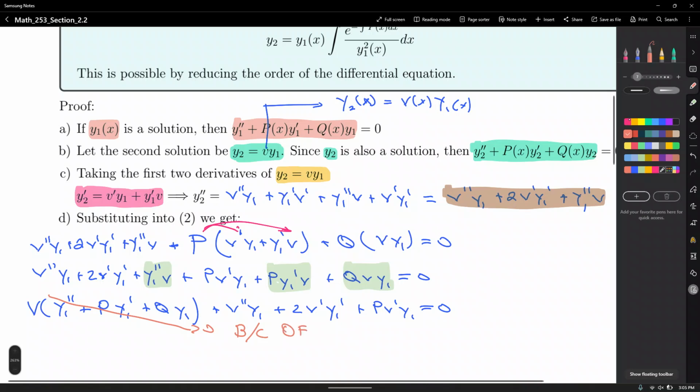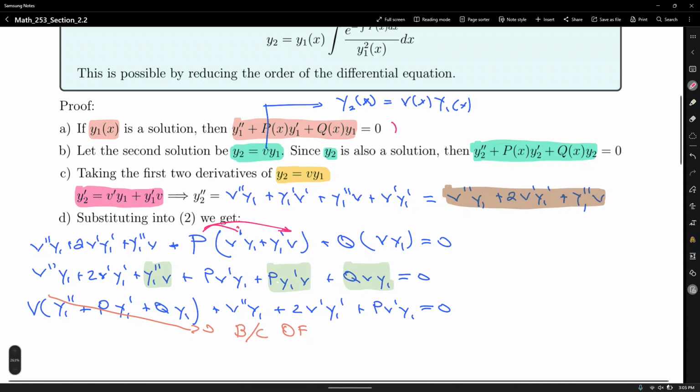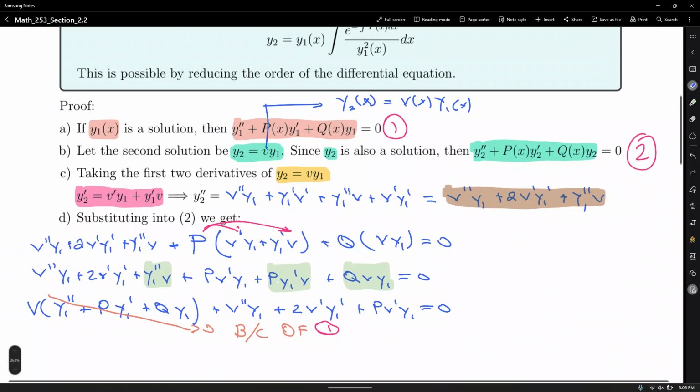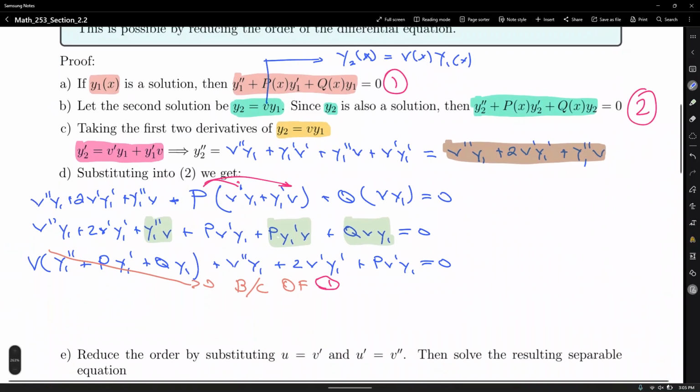Actually, I should have labeled this as 1 and this as 2, so because of 1, this is equal to 0. That leaves us with the following: v double prime y sub 1 plus 2 times v prime y sub 1 prime plus p v prime y sub 1 equals 0.